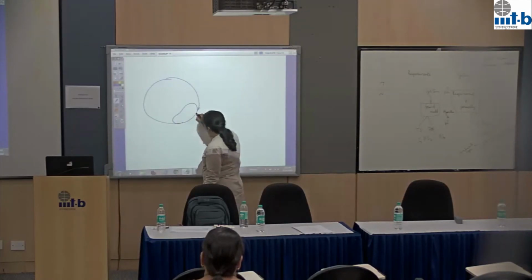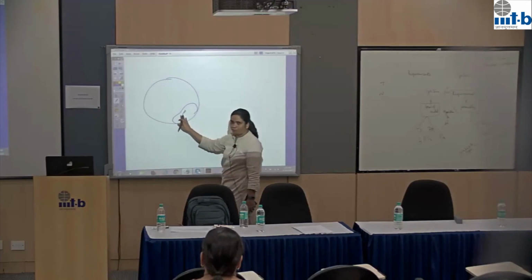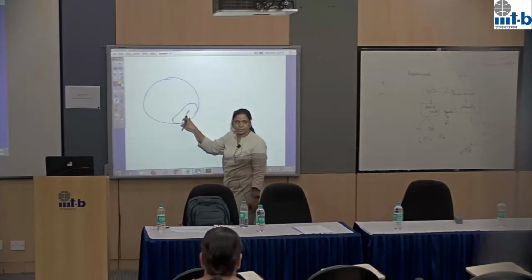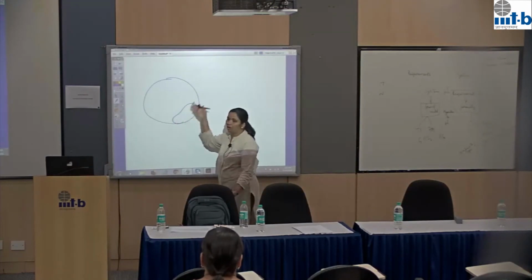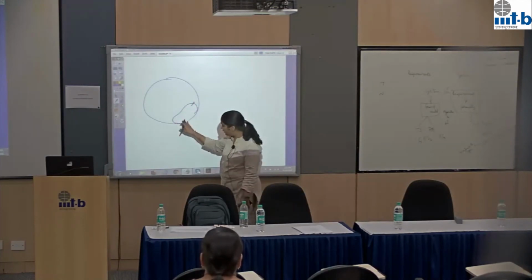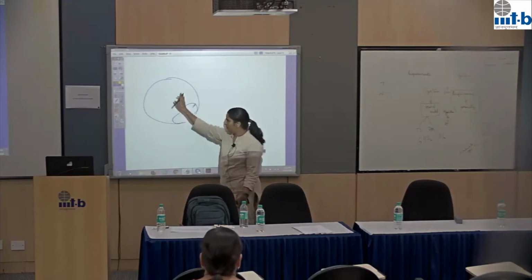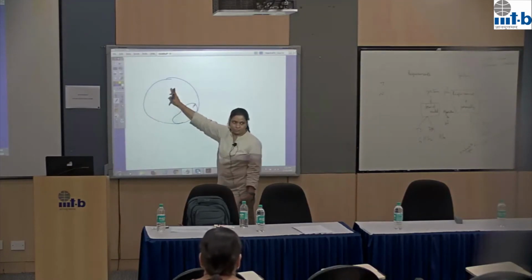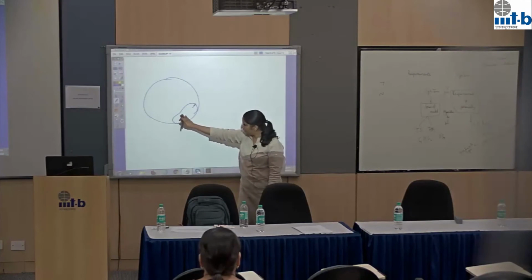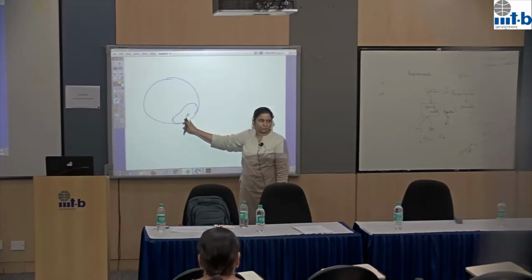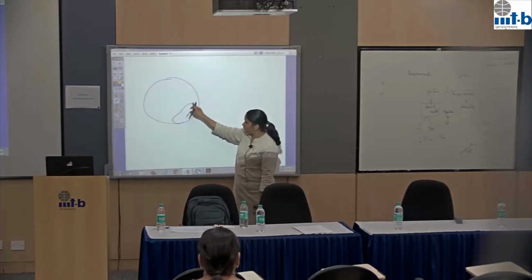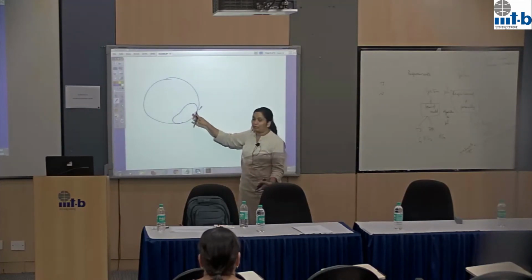I'll take only a part of the graph. So this contains only k plus 1 vertices, and if I take all the vertices, that is a vertex cover for this part of the graph. It may not cover edges here, but it will cover all the edges here, right? Now for this subgraph, what do I know?